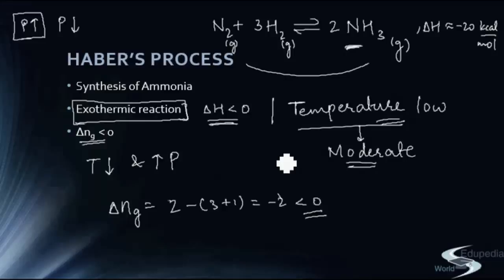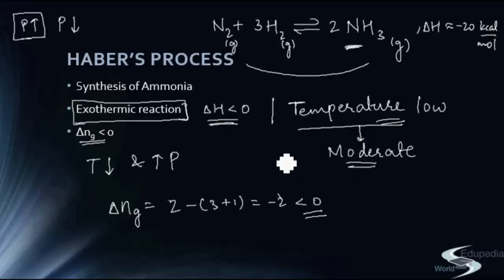So moderate temperature and high pressure will help us synthesize more and more ammonia from the given amounts of nitrogen and hydrogen. Since it is a reversible reaction, not all of the nitrogen and hydrogen can be converted to ammonia. There will always be at least a little bit of reactant left over, but we want to minimize that amount. So to minimize the reactants, we keep high pressure and moderate temperature values.